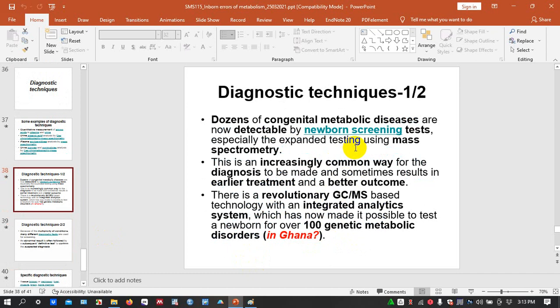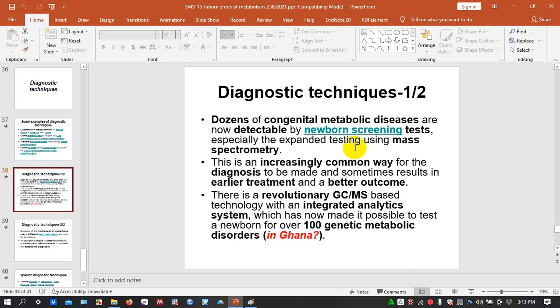Dozens of congenital metabolic diseases are now detectable by newborn screening tests, especially the expanded testing using mass spectrometry. This is an increasingly common way for the diagnosis to be made and sometimes results in earlier treatment and a better outcome.